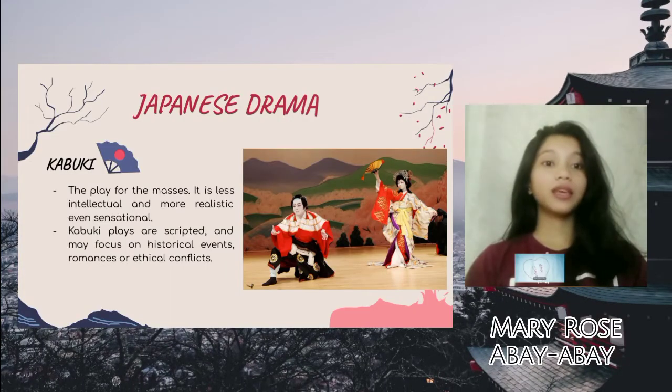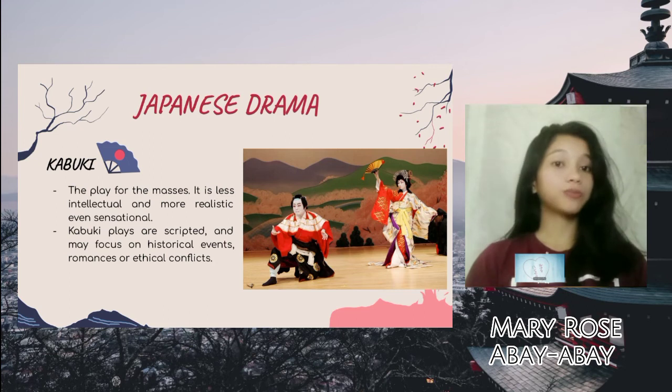So, kabuki is made up of three kanji. Kanji means Chinese characters. Ka meaning sing, bu representing dance, and ki indicating skill. So, in other words, kabuki means the art of song and dance.